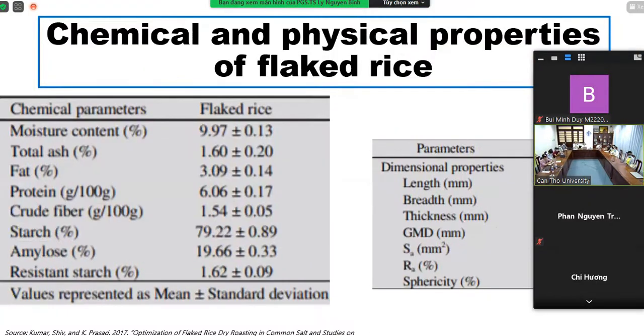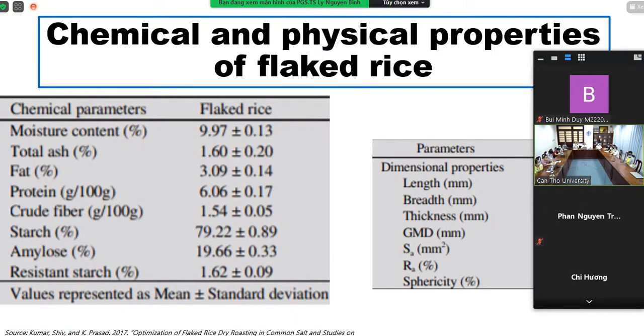These are the chemical and physical properties of flaked rice. The chemical properties: moisture content is mostly 9.97 plus minus 0.13, total ash 1.60 plus minus 0.2, fat 3.09 plus minus 0.14, protein 6.06 plus minus 0.17, crude fiber 1.54 plus minus 0.05, starch 79.22 plus minus 0.89, amylose 19.66 plus minus 0.33, and resistant starch is 1.62 plus minus 0.09.